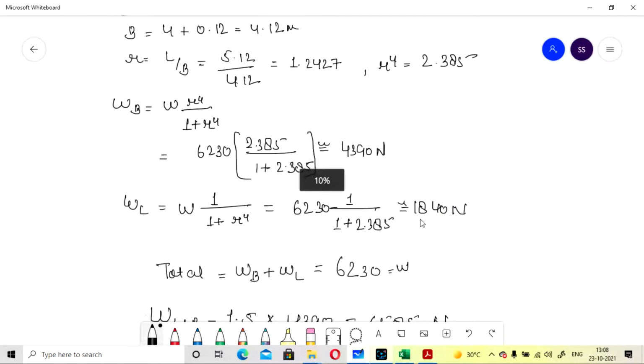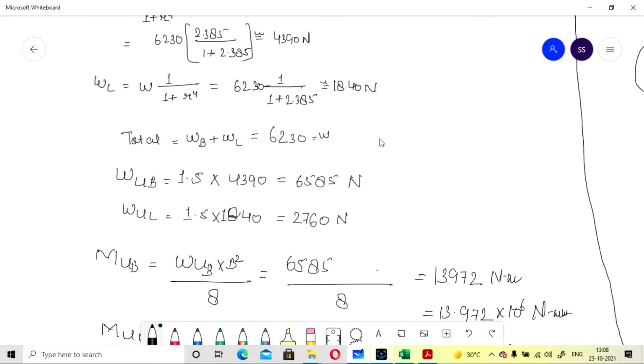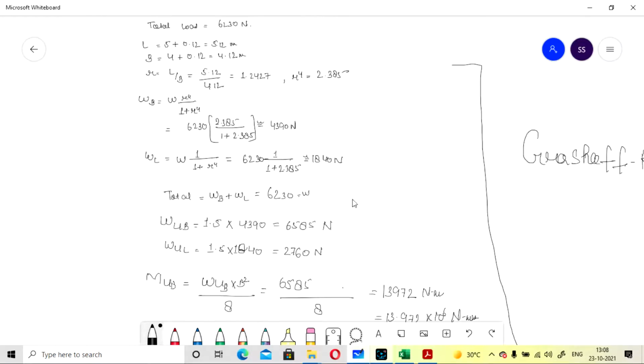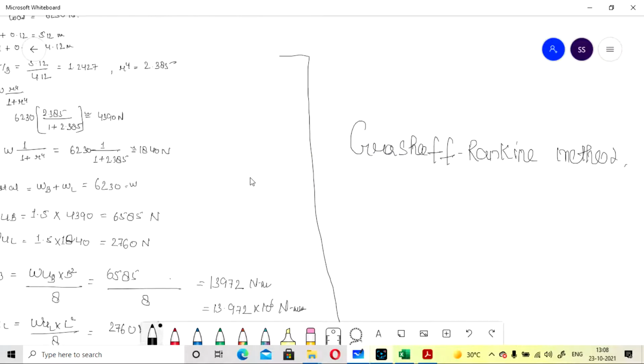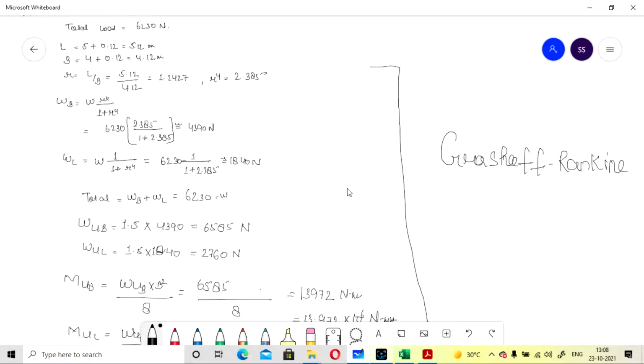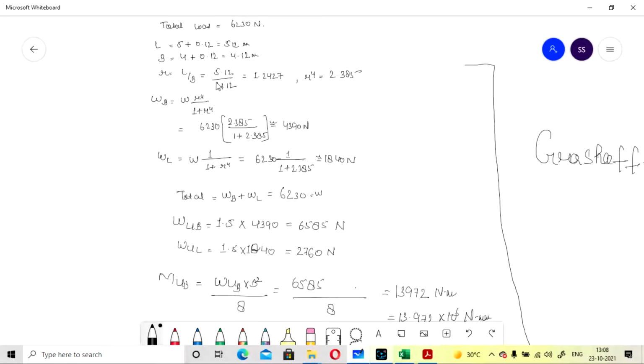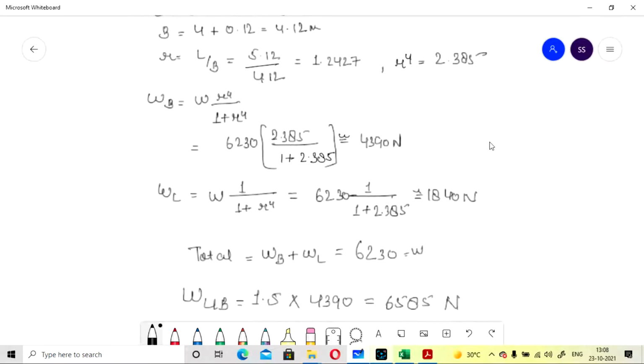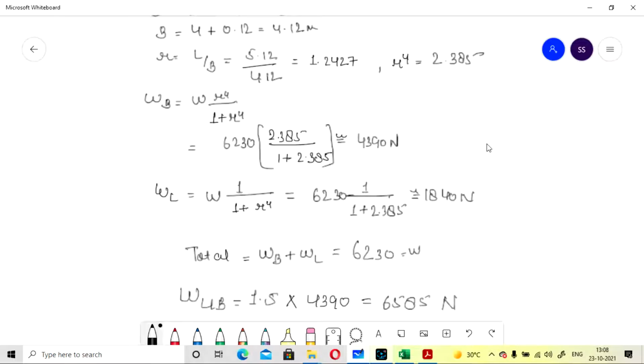And if you have the IS code, you can go with the coefficient method. Without the IS code, the value will come the same. This method is the Kirchhoff-Rankine method. So you can go with this also without any code or coefficient. You can calculate easily the moment on both sides.